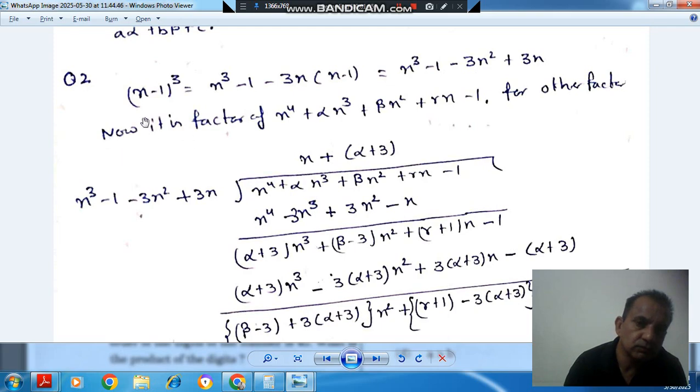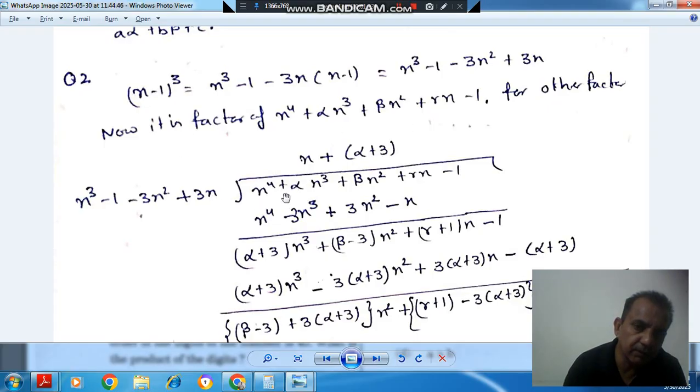Now it is a factor of x^4 plus alpha x cube plus beta x square plus gamma x minus 1, so let us divide this and find out the other factor. Divide this by this (x minus 1) cube.